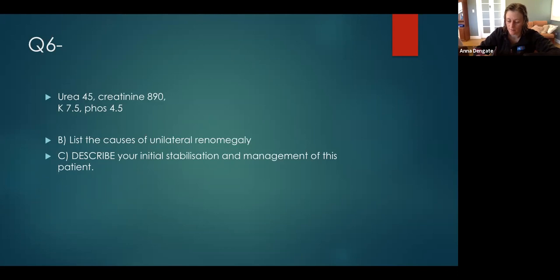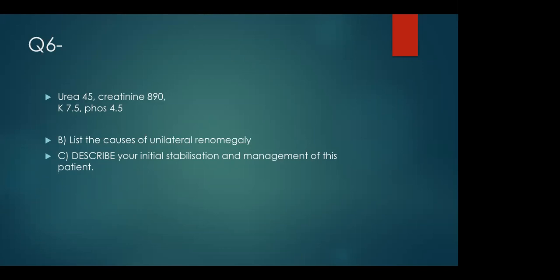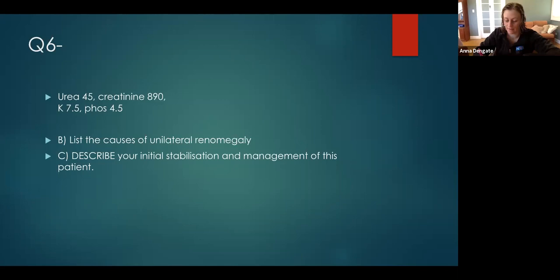So you could give an Actrapid bolus, subcut, not bolus, and then put them on an Actrapid CRI. Yeah. I can't remember the rate. That's fine. Josh, I stitched you up because you work with me and you know I don't do that with insulin, but you should mention it in an exam situation.